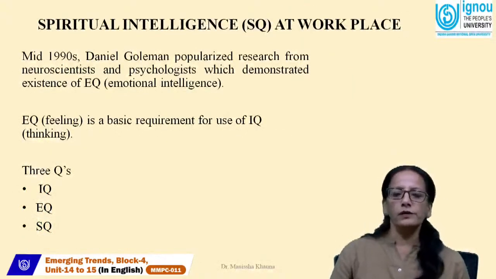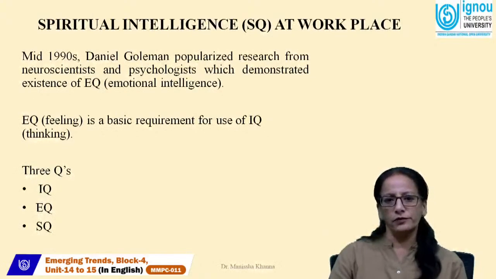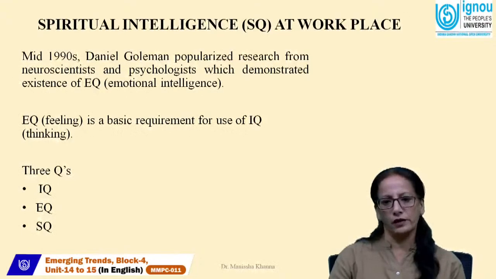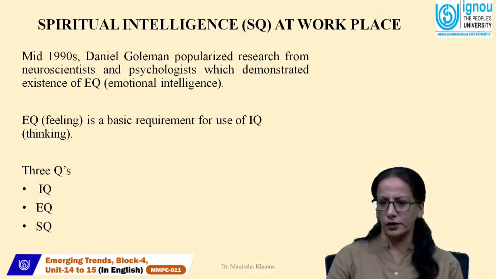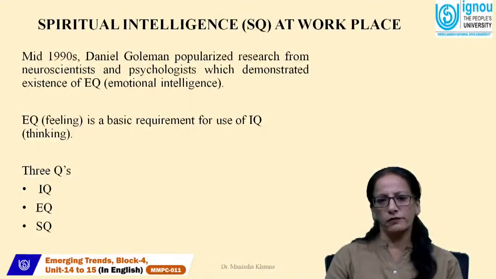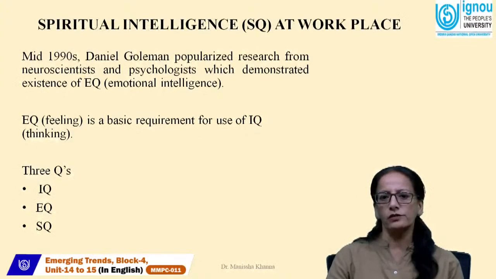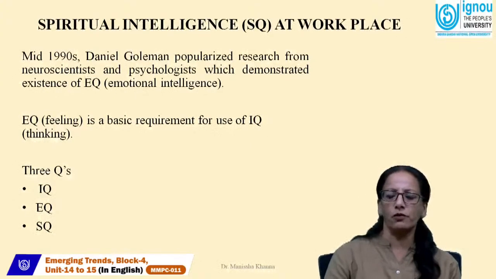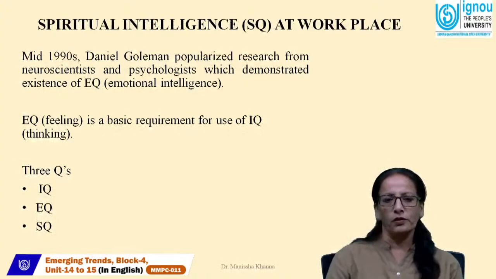Another topic is spiritual intelligence at work, which is also known as SQ. It was popularly researched by Daniel Goleman in the mid 1990s. Emotional intelligence is a feeling which is a base requirement for use of IQ.